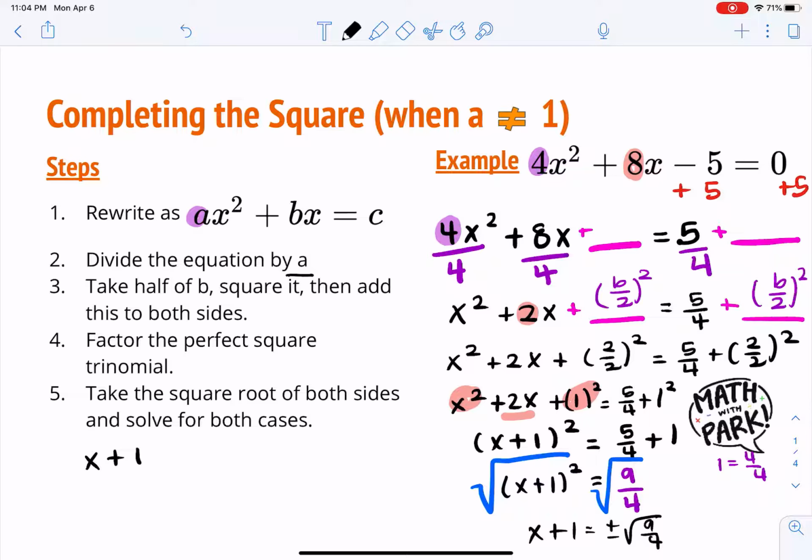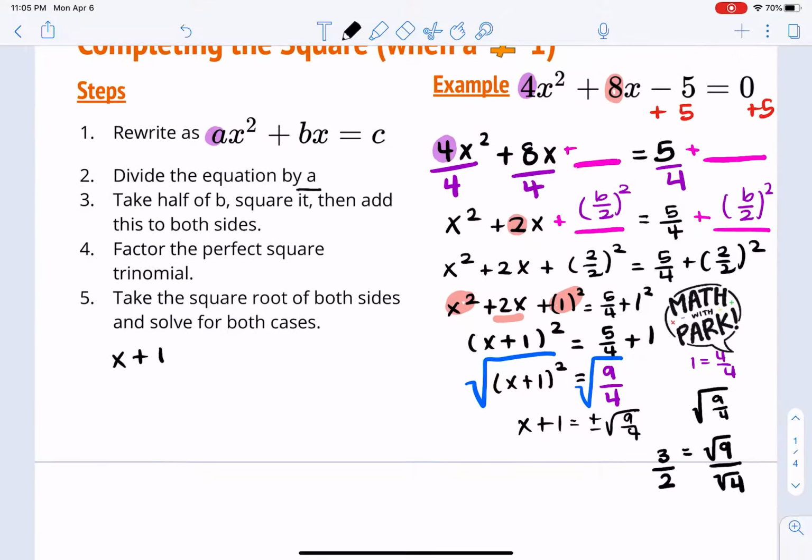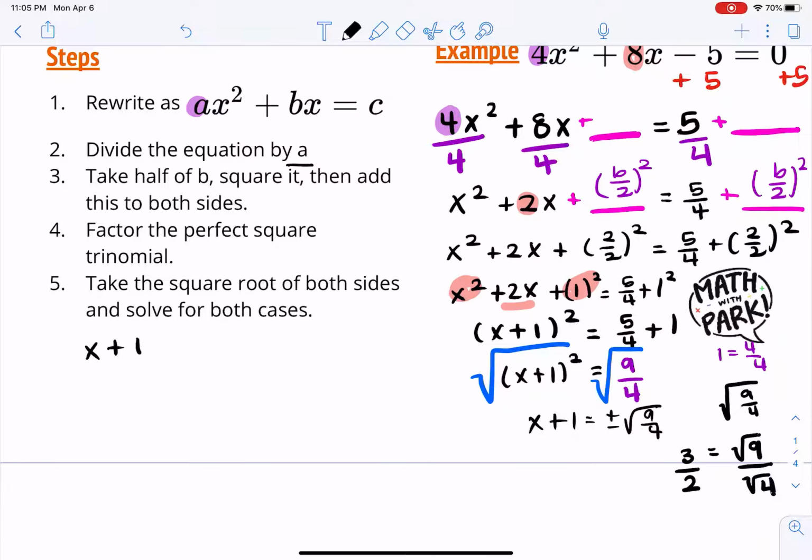If you simplify square root of 9 over 4, we can actually make it easier if you don't like to see it as one whole, but break it into its parts. And we know square root of 9 is 3, and square root of 4 is 2. So we know the equation is x plus 1 equals positive or negative 3 over 2.